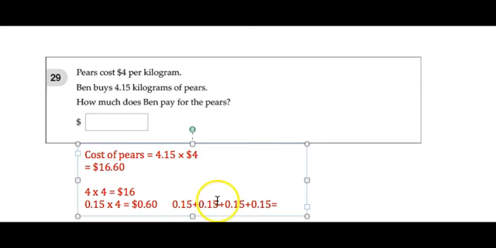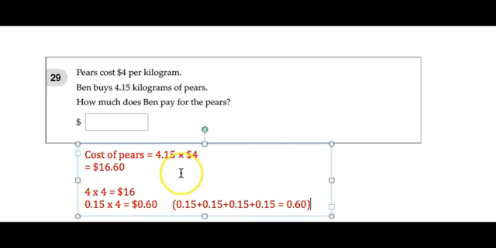Now that's like 15 and 15, it's 30, so that's 0.3, and another 0.3 is 0.6. And I'll just put 0.60 because we're talking about money. Okay, so that's another way you can do 0.15 times 4. So therefore the cost of the pairs is $16.60.